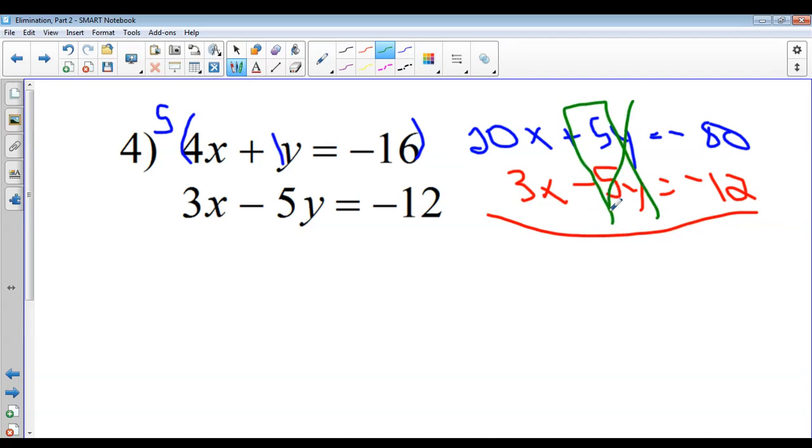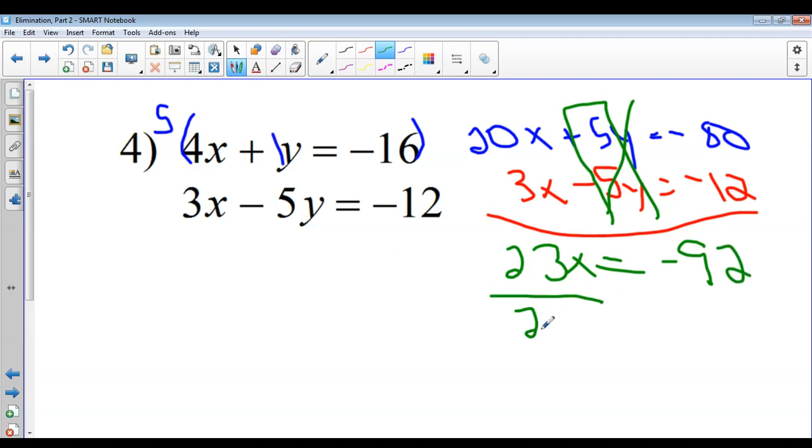When we add, they cancel out. 20x plus 3x is 23x. And negative 80 and negative 12 is negative 92. So now we just need to divide both sides by 23. Divide by 23. And x is going to be negative 4.